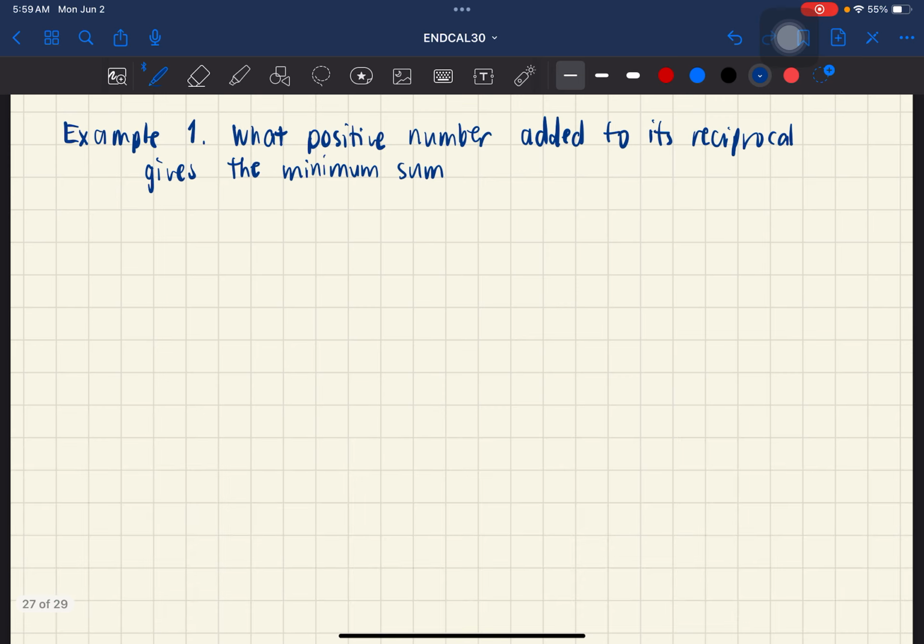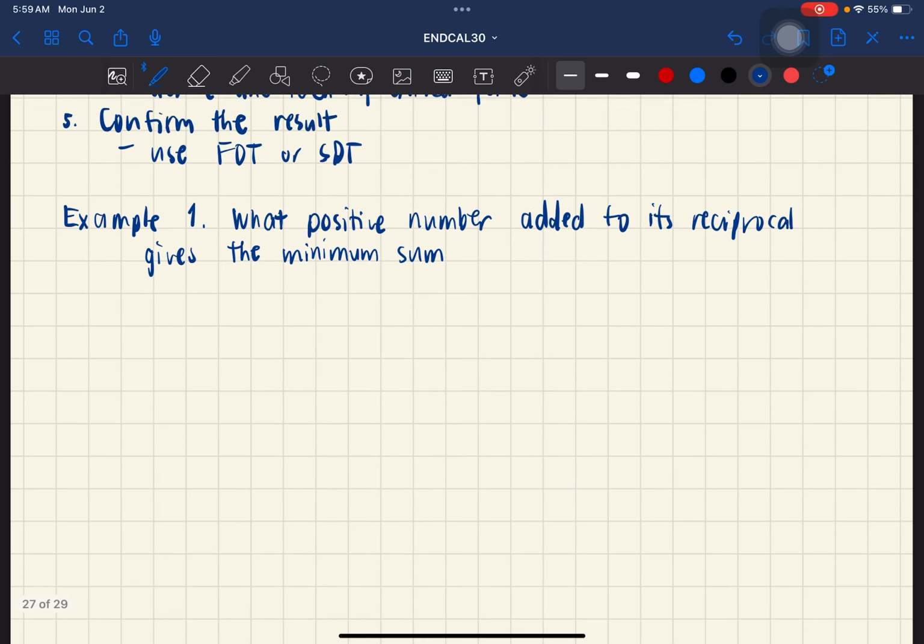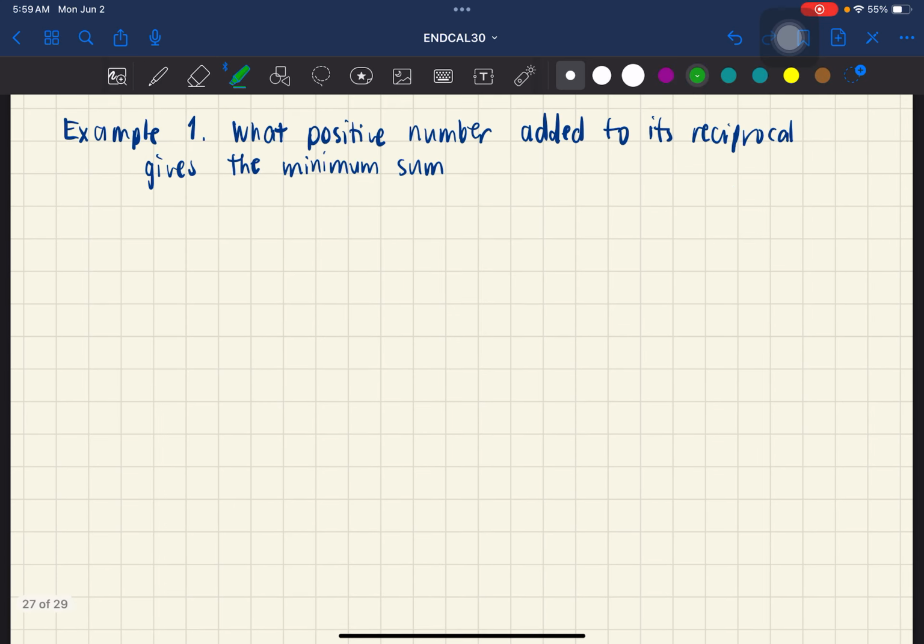The question reads, what positive number added to its reciprocal gives the minimum sum? So let's take note of the keyword minimum sum. So we're looking for a minimized equation, or we're looking for the minimum point of a certain function, basically.